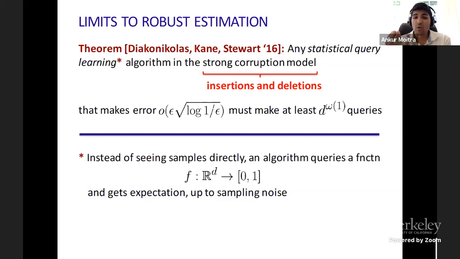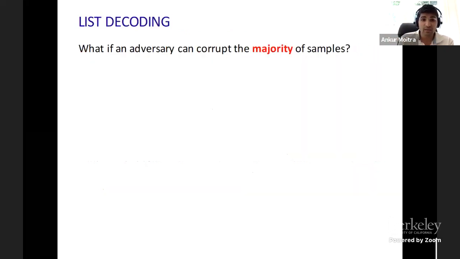So in order to avoid losing that root log term, you would have to notice that you're actually missing a tail and fill in the tail. So somehow algorithms that beat this epsilon times root log 1 over epsilon would have to be very brittle in a different sense, that they would have to very strongly rely on the structure of the uncorrupted distribution and exactly what the tails look like in order to figure out that's what the adversary had done.